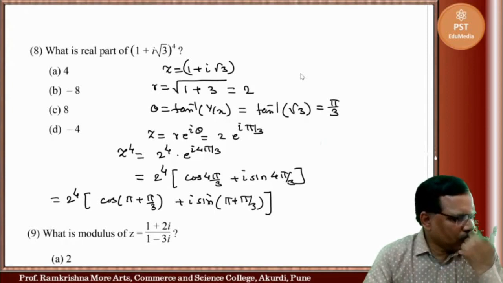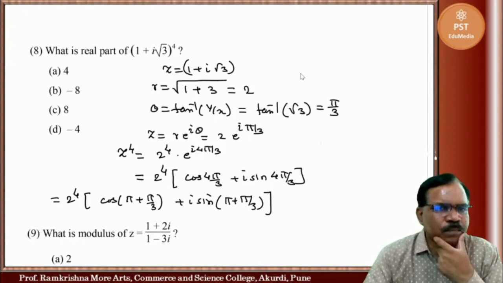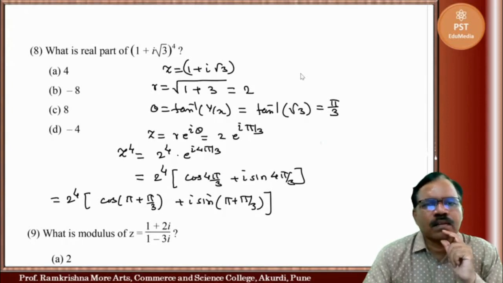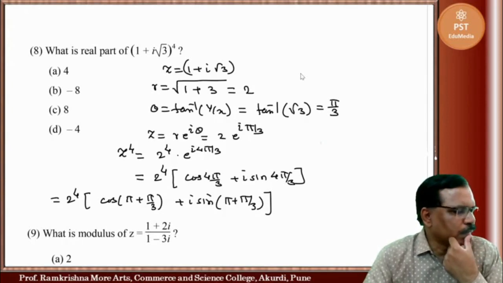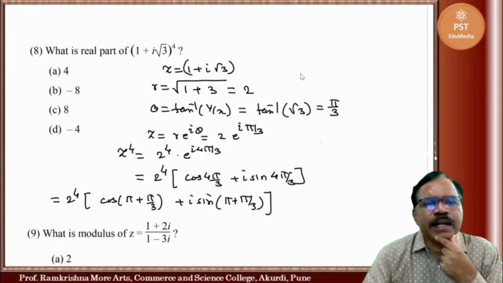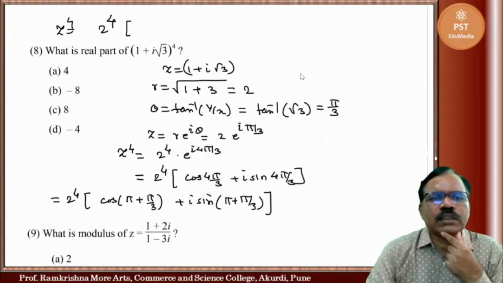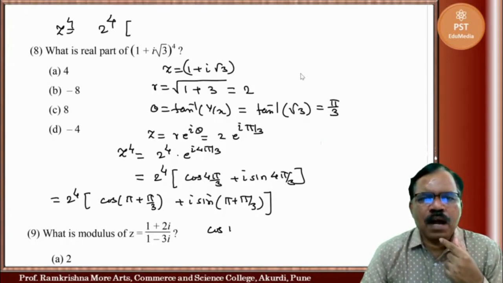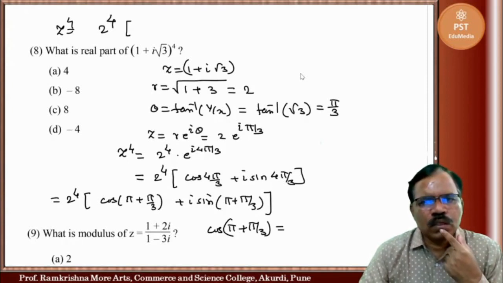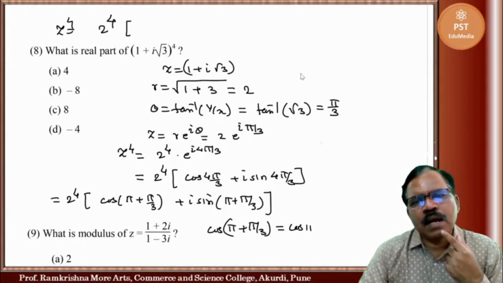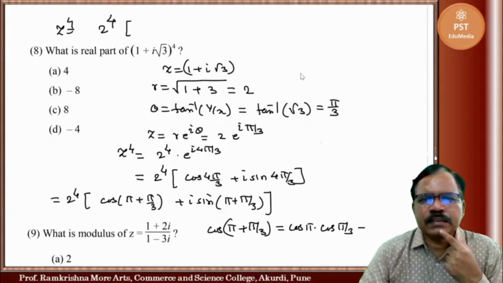Now we can solve this. So if we solve this, cos(π + π/3), we will get, first we will find cos(π + π/3), which is cos π cos π/3 minus sin π sin π/3.